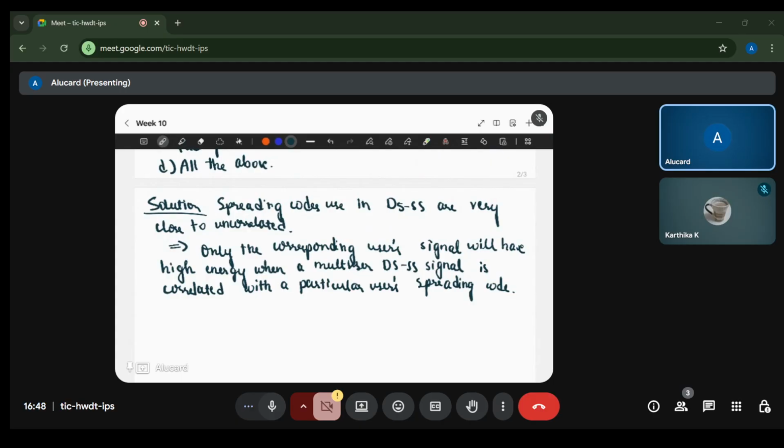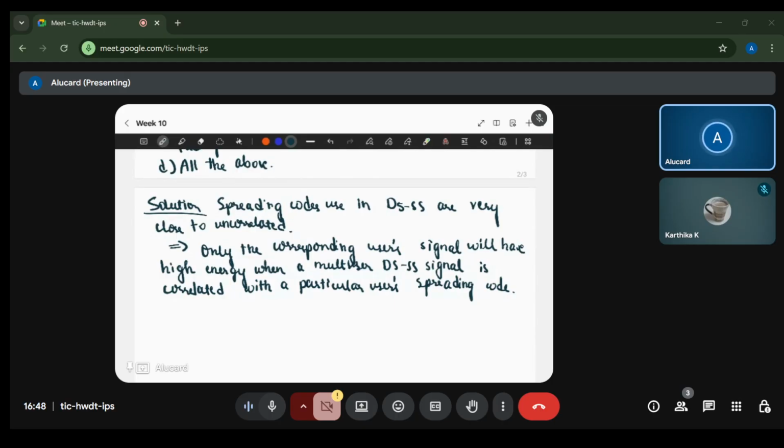So when you correlate the signal with a particular code, only the user who used that code, that person's signal will be highly correlated. The rest of them will be highly uncorrelated.